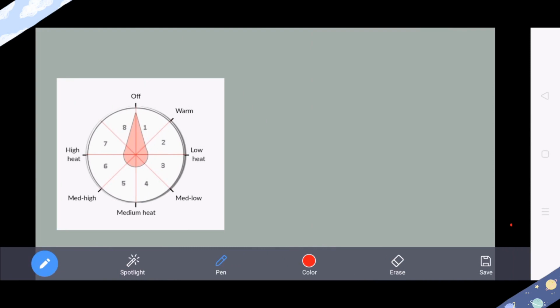Let's try it. Now we will find 135 degrees by using the previous types of angles. The first angle is 90 degrees, or the right angle, and it will be like this. If we see the temperature setting and turn the stove dial 90 degrees to the right, it will be on the low heat temperature.